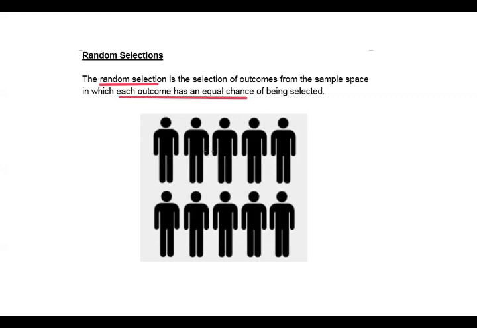First of all, we can assign each person a number 1, 2, 3, 4, 5, 6, 7, 8, 9, 10. Then we can use a random number generator to generate randomly 5 people from this group of people.